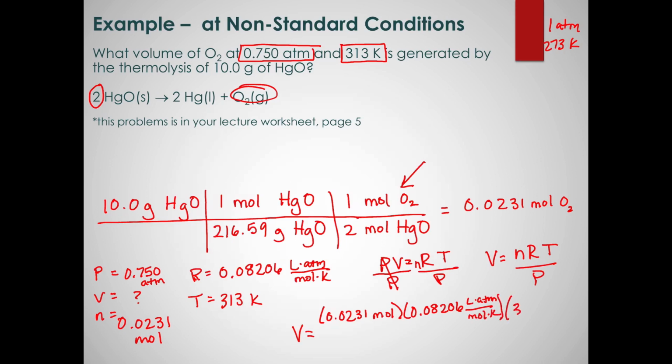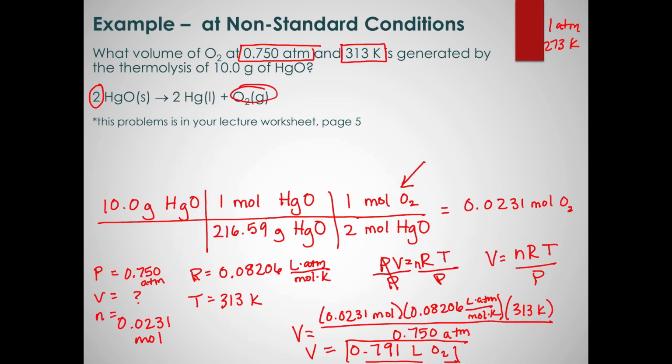Then our temperature is 313 Kelvin. And we're dividing all of that by our pressure, which is 0.750 atm. So that will get us that our volume is equal to 0.791 liters of O2. So again, we have to solve it this way because we were not at STP.